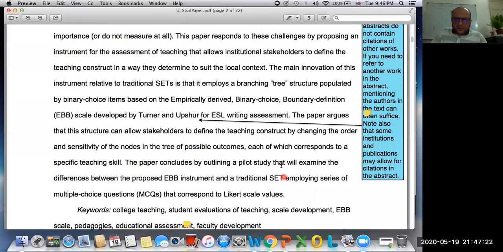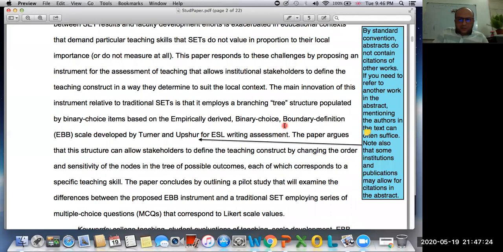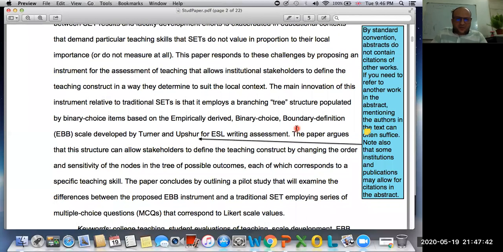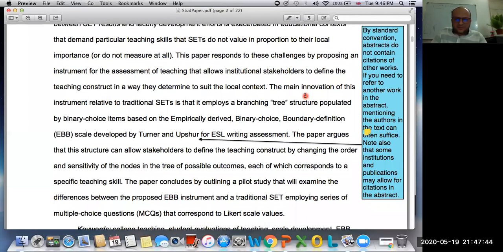So we don't need to include citations here. I explained in the previous lecture that the abstract should summarize the whole research. You don't need to include any citations of other works. Okay.